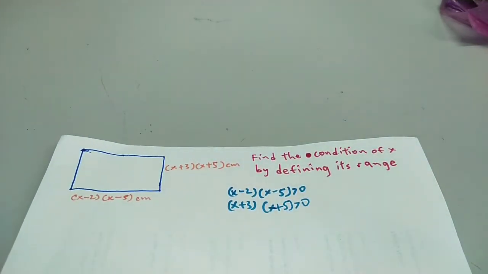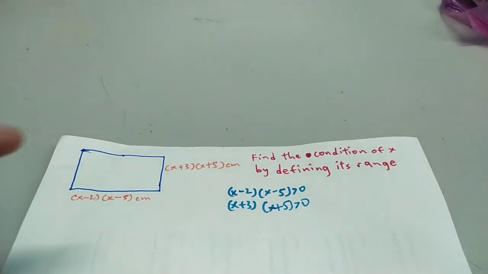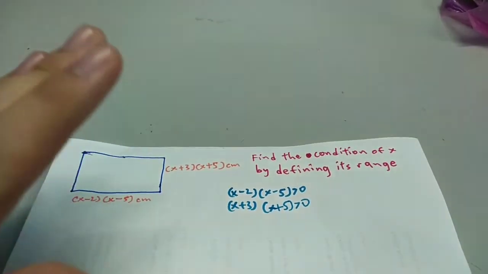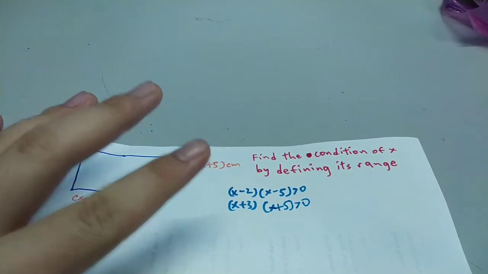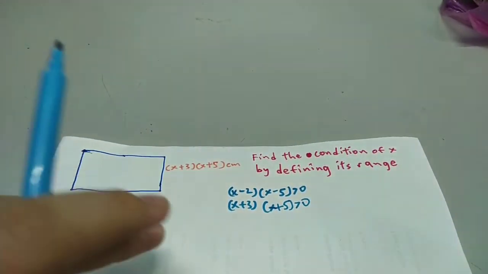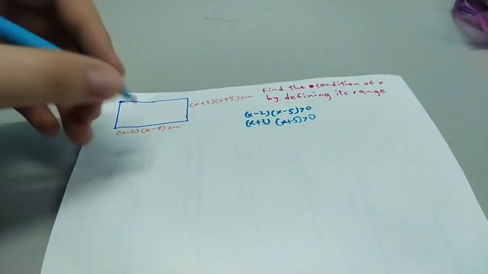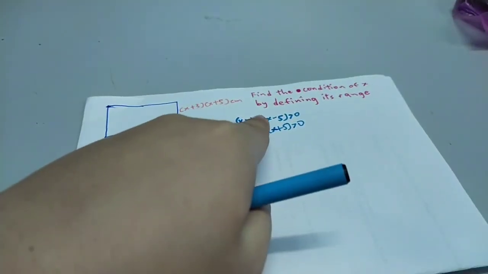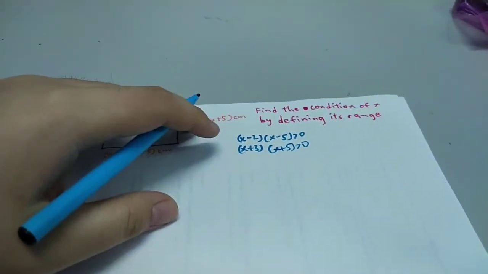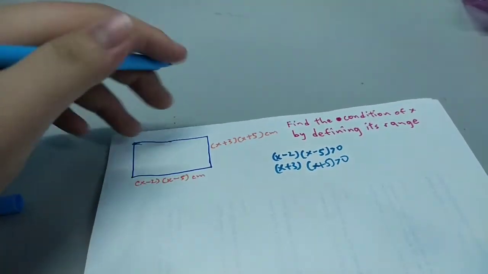This is a lucky question, because when you factorize it is going to be easy, since we already have the roots. So let's plot the first graph. y is equal to (x − 2)(x − 5).